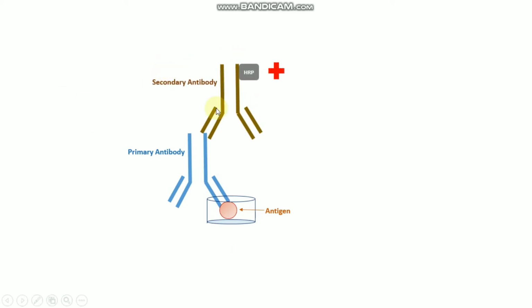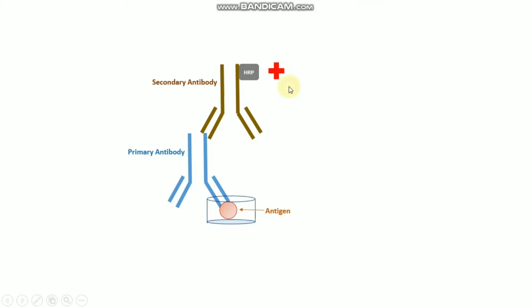This secondary antibody binds the primary antibody, and the secondary antibody is HRP conjugated, which is the enzyme. This is why this process is known as the enzyme-linked immunosorbent assay.